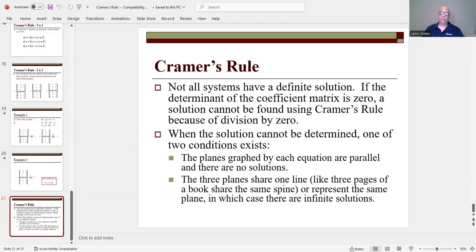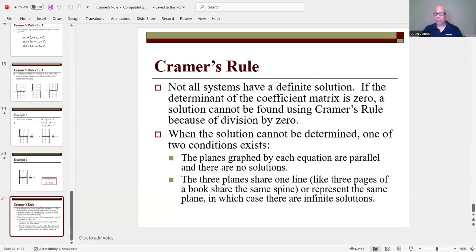And again, with Cramer's rule, not all systems have a definite solution. If the determinant of the coefficient matrix is 0, a solution cannot be found by using Cramer's rule because of the division by zero. That's why I came up with the zero here. You're going to have to utilize some derivatives, maybe some limits.